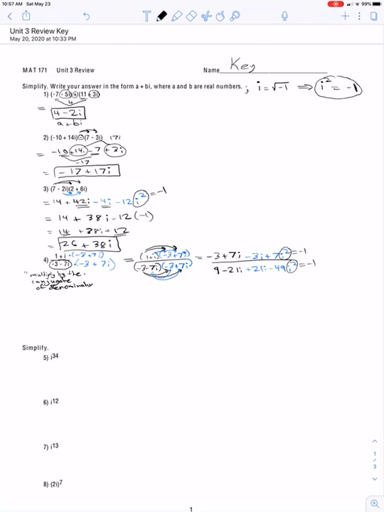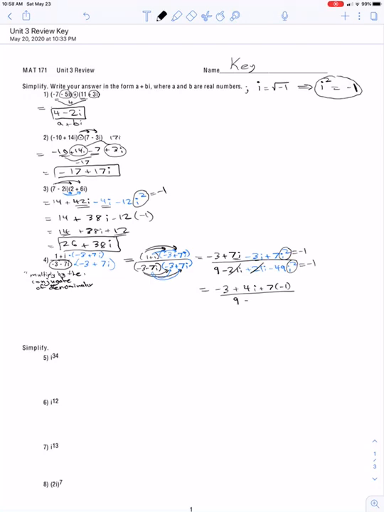As we're combining like terms, we've got our 7i minus 3i, so I got negative 3 plus 4i plus 7 times negative 1, all divided by, now the denominator, what ends up canceling out? The i terms are opposites. That's why we multiply by the conjugate.